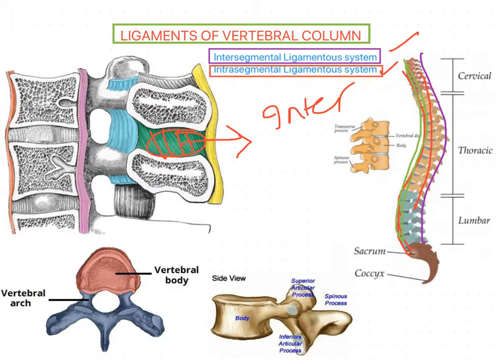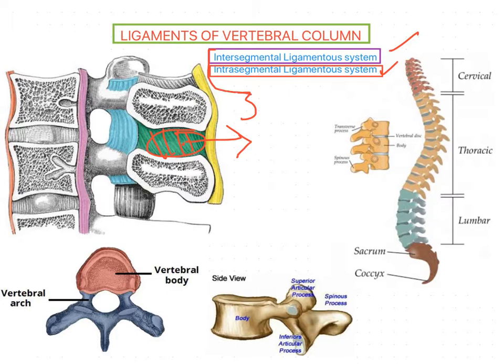Now again we will move on to the ligamentous system. We know that there are six ligaments associated with the vertebral column. Out of six, three ligaments come under the intersegmental and three under the intrasegmental ligamentous system.